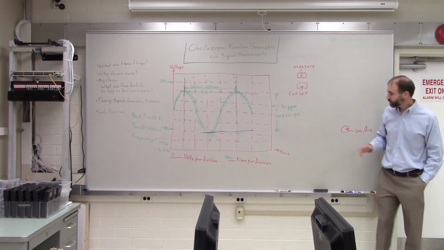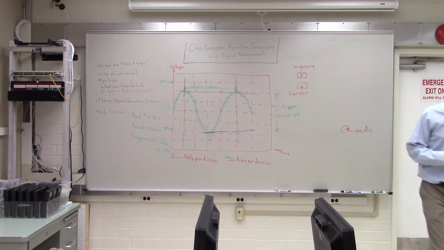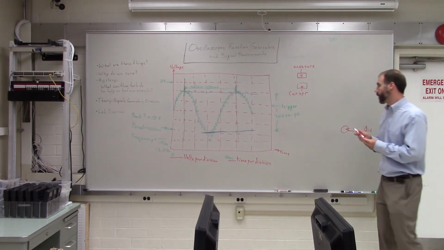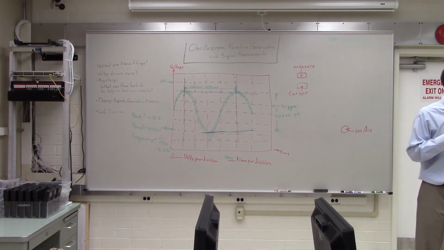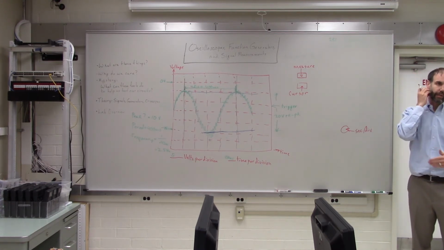And there's another knob, an amplitude knob for each channel. So these oscilloscopes can measure up to 4 different signals at a time, and you can adjust the amplitude of each signal independently.